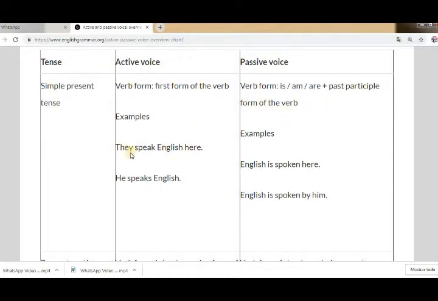And then you start: they speak English here. Can you see? Active voice. And now you go with passive voice: English is spoken here. Active voice, he speaks English. Passive voice, English is spoken by him.